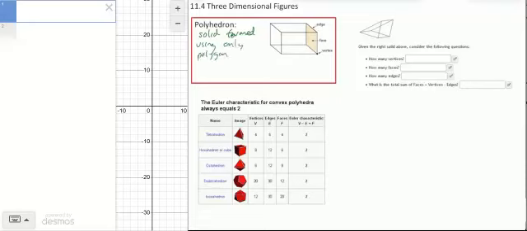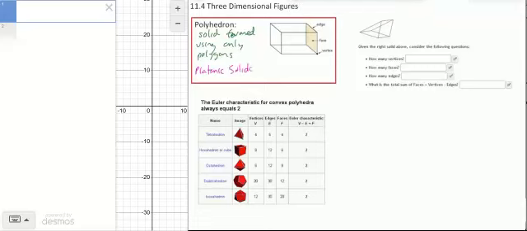So all of the sides on a polyhedron are going to be triangles, quadrilaterals, any other type of polygon. Okay, they don't necessarily have to be in a specific pattern as long as they're connected with no curved shapes. Okay, and there are 5 polyhedron that are called the Platonic solids.